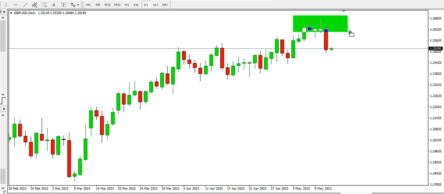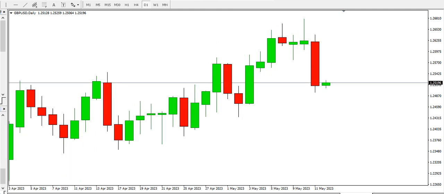Okay, we might see price dipping a bit, though we have news for GBPUSD today. News will be coming out sometime around the London market open. There will be a news release that might affect price. But with this candle, the bears are stepping in.